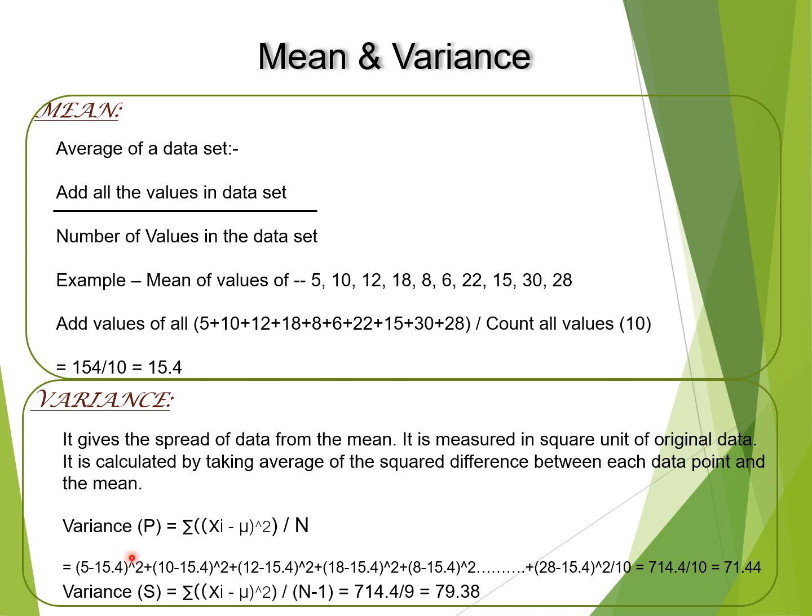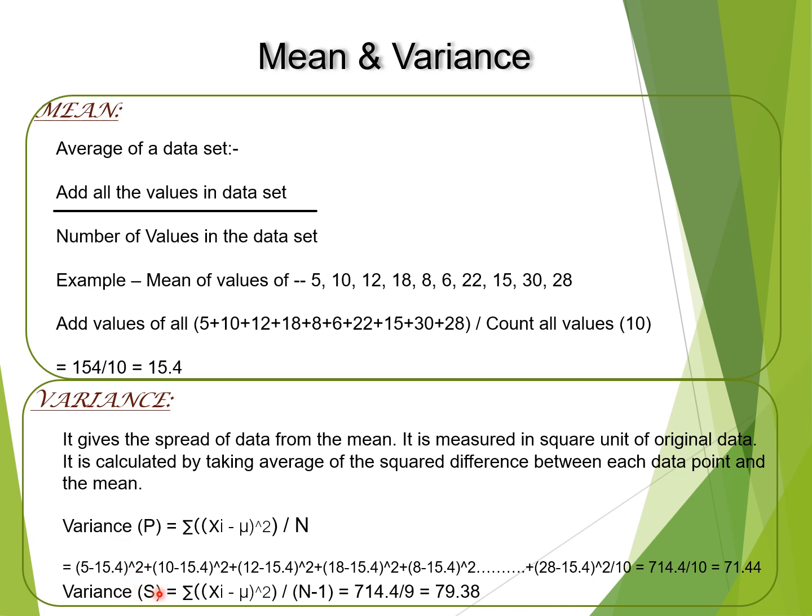So 5, the first data, minus the mean 15.4 whole square, plus 10, the second data, minus mu, again the mean 15.4, whole square, plus 12, the third data, minus 15.4 whole square, and like this up to the last, 28 minus 15.4 whole square, and then of course we divide everything by 10, and here we get 71.44 as the variance. This is for the population.